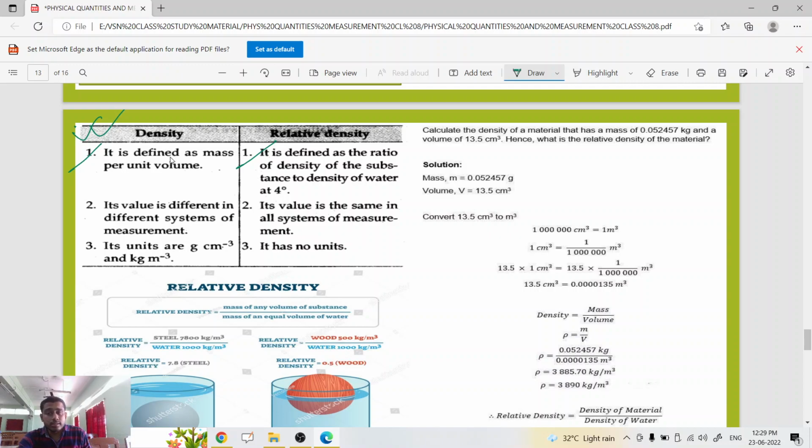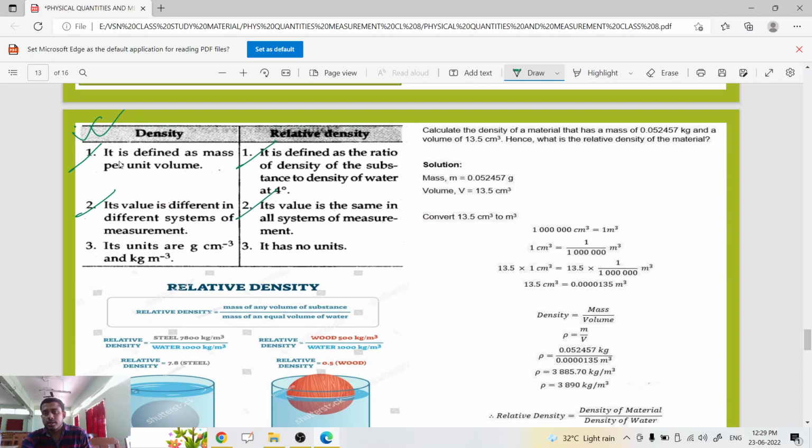Density is different in different unit systems. If we find the density of any body in the CGS system and the SI system separately, then we get different results. But the value of relative density is the same in all systems of measurement.